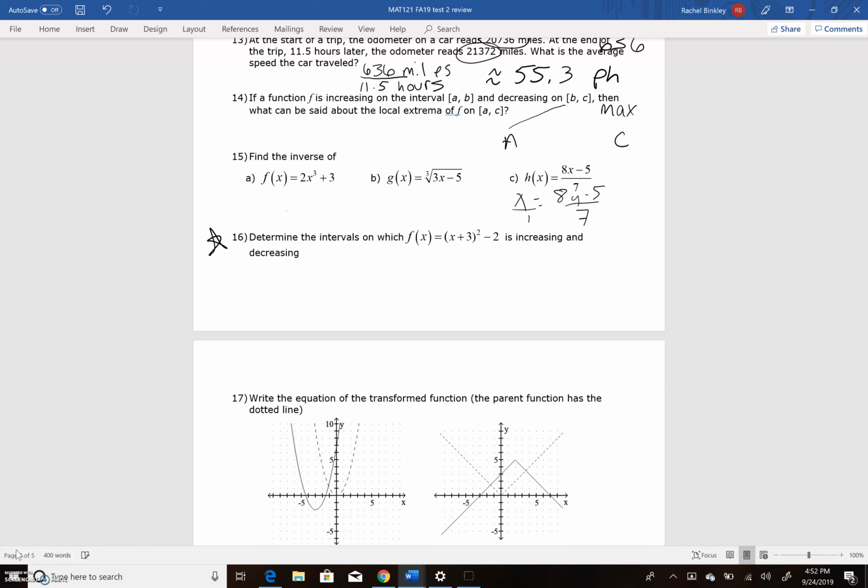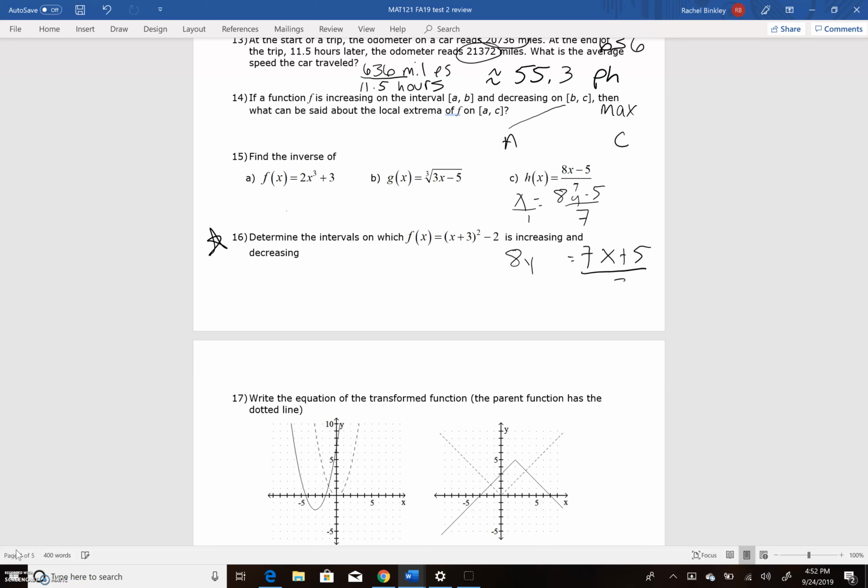Let's cross multiply, so I'll just put a 1 there. So then I get 8y minus 5 times 1 on one side, which I will just leave, 8y minus 5 is equal to 7x. What are we solving for? Y. So 7x plus 5, and then divided by 8.